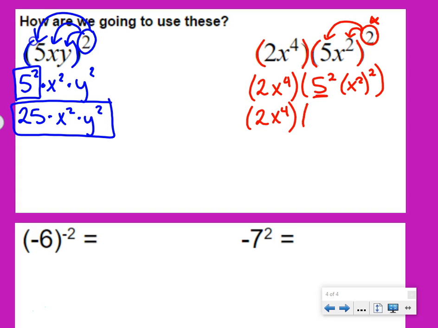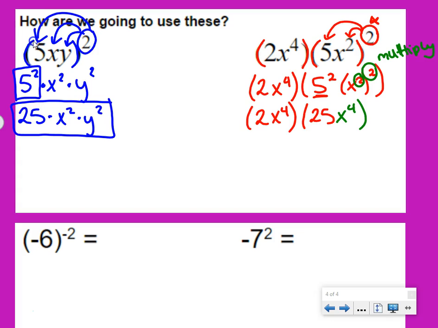5 squared is 25. And now here we have a power taken to a power, which means we multiply. All right, so 2 times 2 is 4, so this would be x to the fourth power.